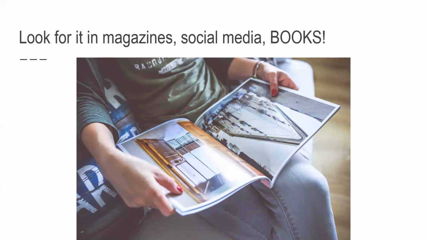All right, so now that you know about the rule of thirds, if you'd never heard of it before, I had never heard of it until I started learning about photography, but I see it everywhere now. I know when I flip through a magazine, because we get some here at the library, I see that rule of thirds. I see professional photographers using that technique, and I never even knew about it.